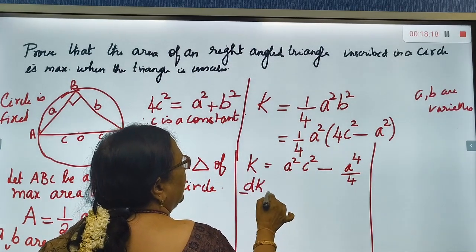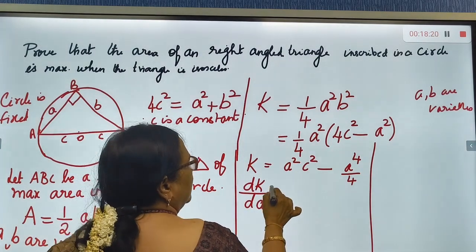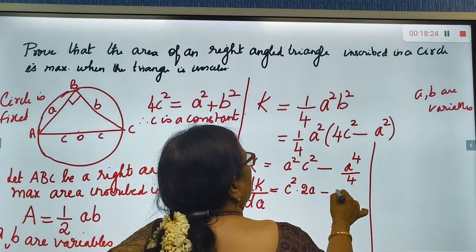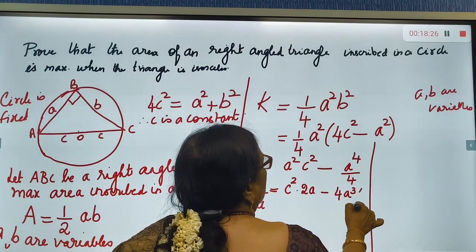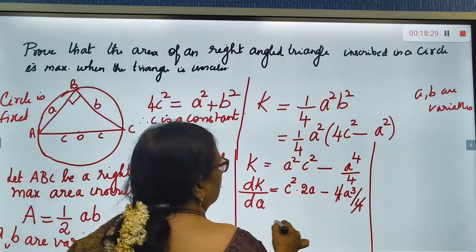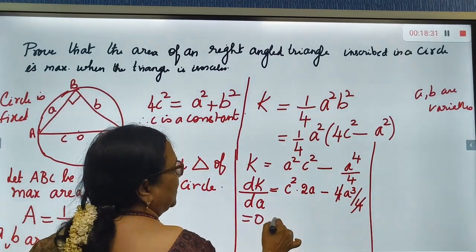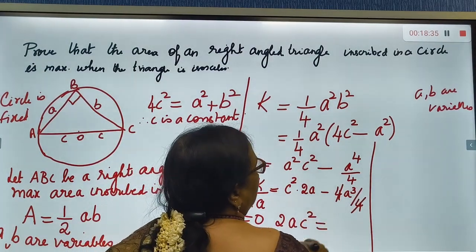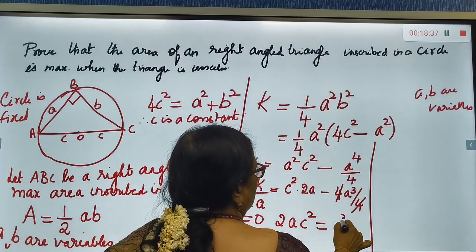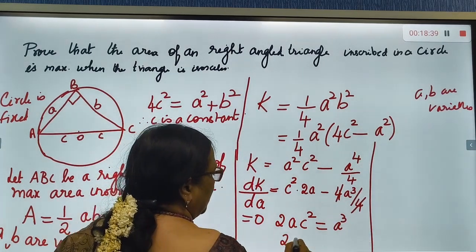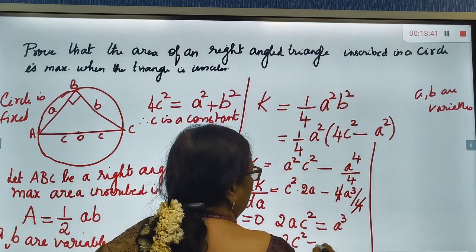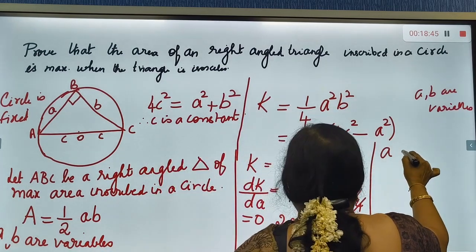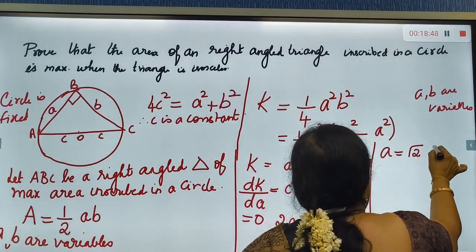So dk by dA will be C square into 2A minus 4A cube by 4. Equate it to 0 to find the critical point. So 2AC square will be equal to A cube. Cancelling off one A, 2C square equal to A square, or A is equal to root 2C.